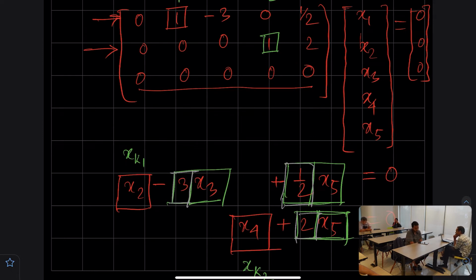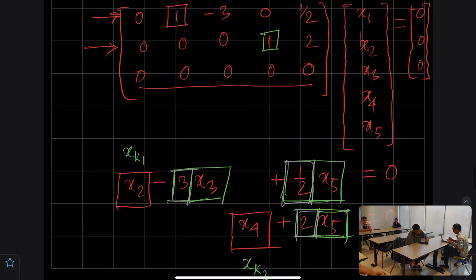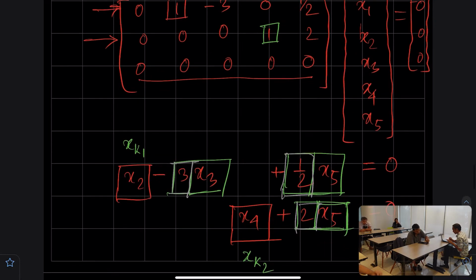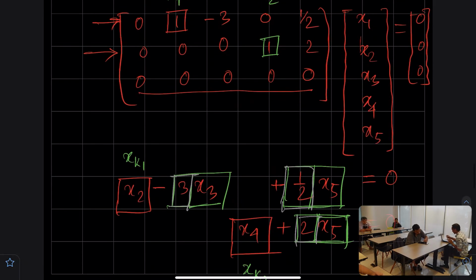So let us first label the free variables. Let us call them u1, u2, u3, right? u1 is equal to x1, u2 is equal to x3, and u3 is equal to x5, right?